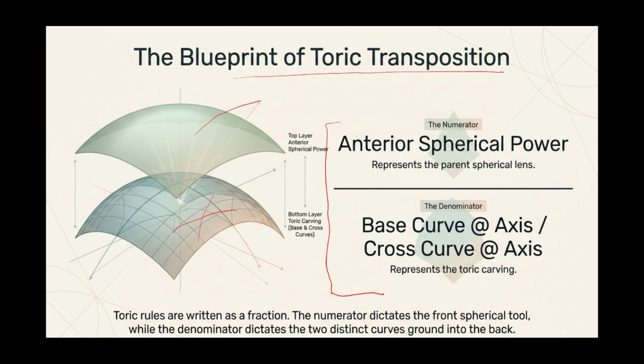So finally, after doing our toric transposition, we must have one numerator which contains the anterior spherical surface, which basically represents the parent spherical lens. And what is the denominator? It has two components, the base curve and its axis and the cross curve with its axis. This represents the toric carving that has to be done at the posterior surface.